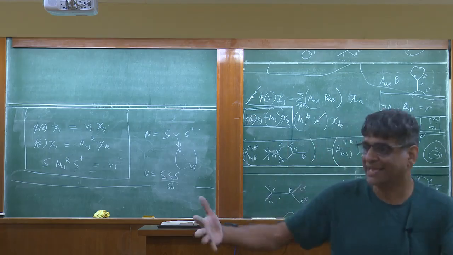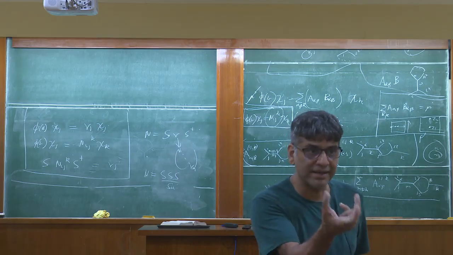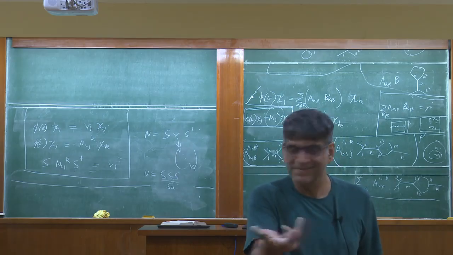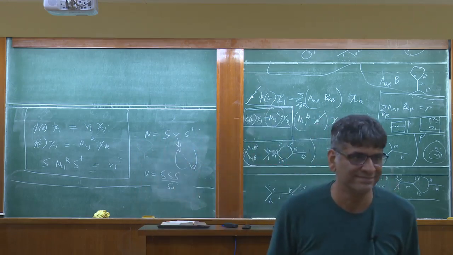That it's these characters is clear, I think. What is incredible is that it appears with integers N_ijk. That is far from clear, at least to me.